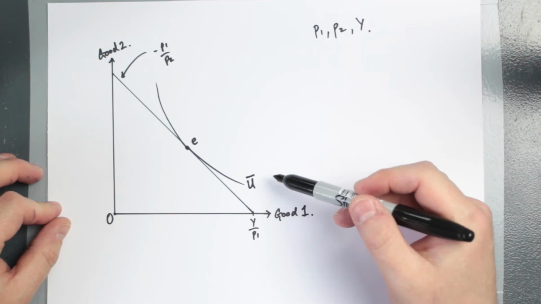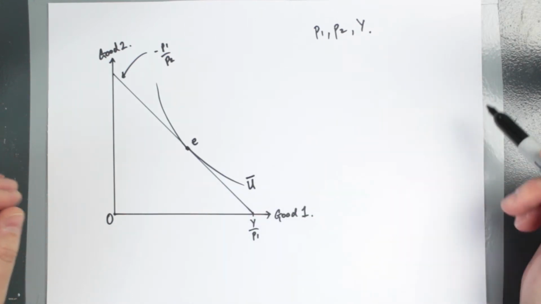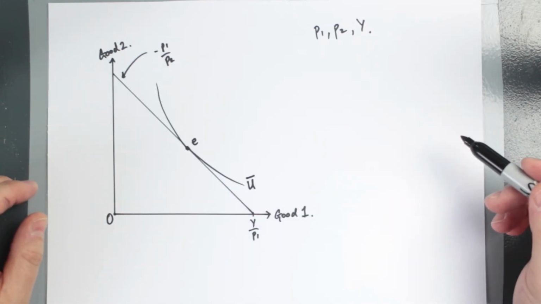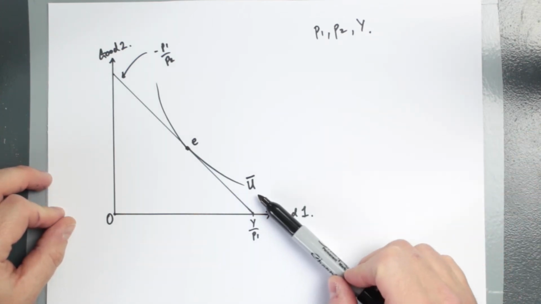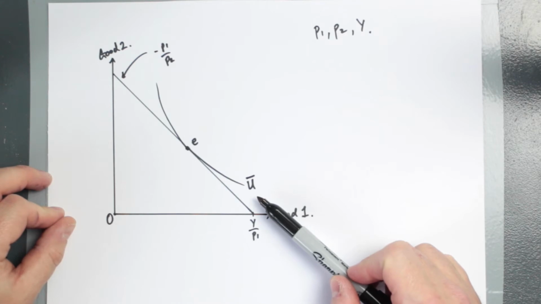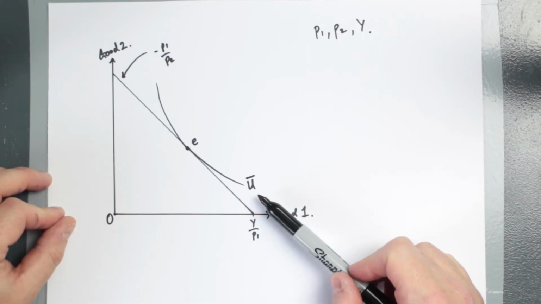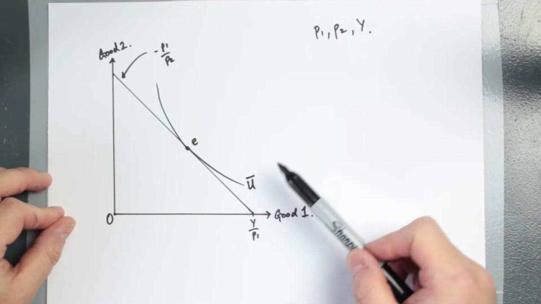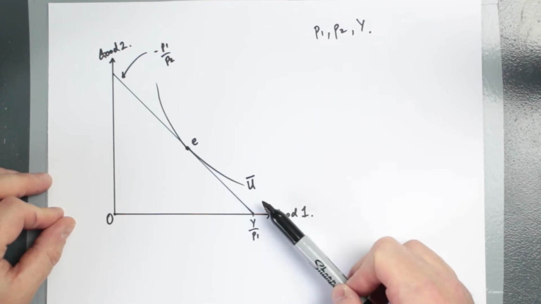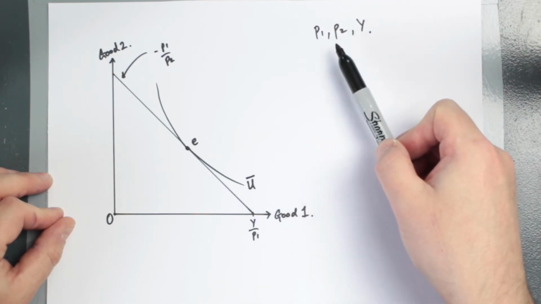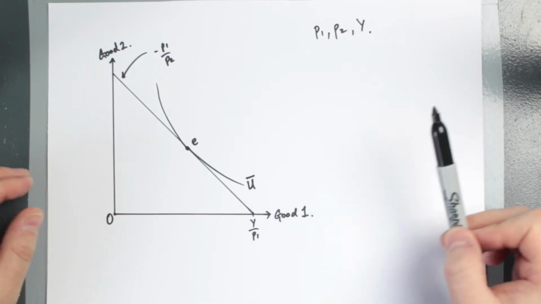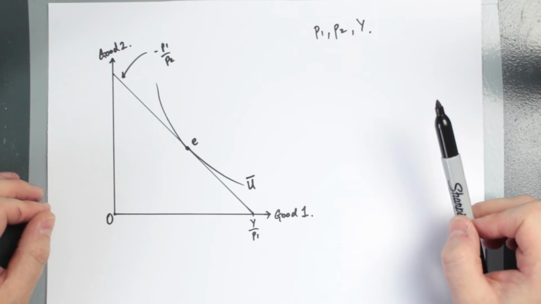Okay. Now, if we remember the expenditure minimization problem, that was phrased differently. It said, well, if we take U bar, this level of utility, as a target and try to minimize the expenditure required in order to reach this level of utility, U bar, when the prices are P1 and P2, that's the expenditure minimization problem.